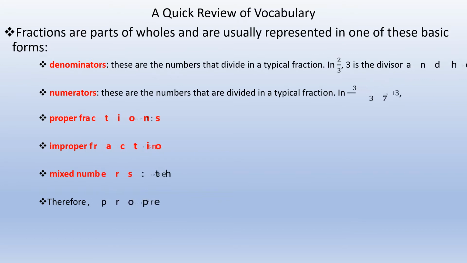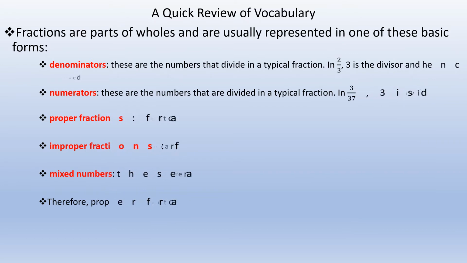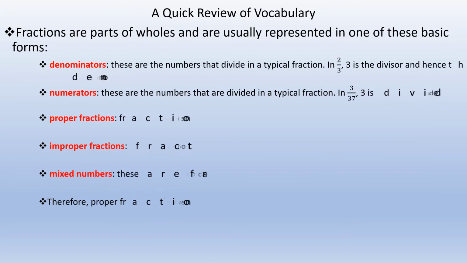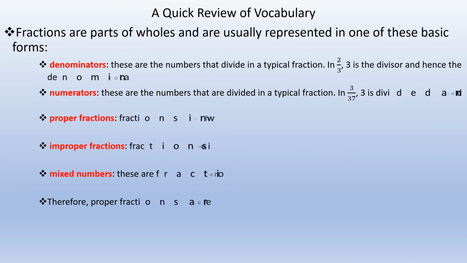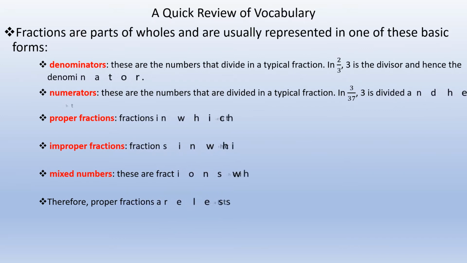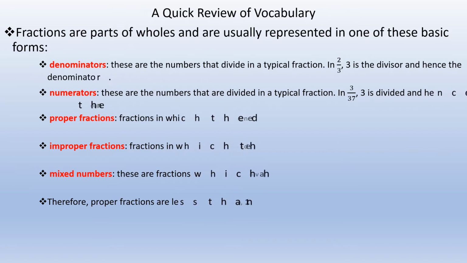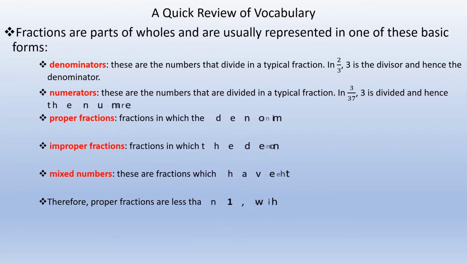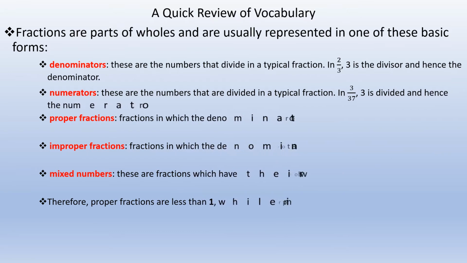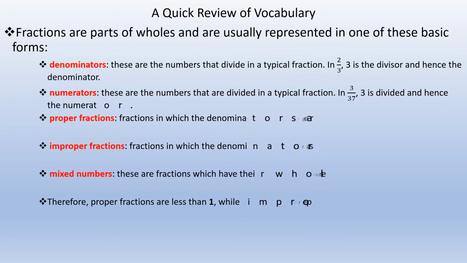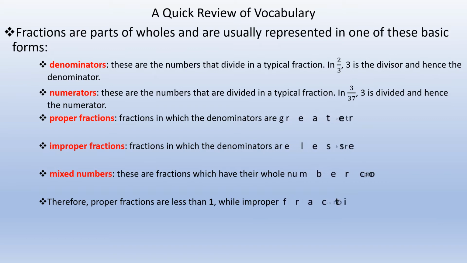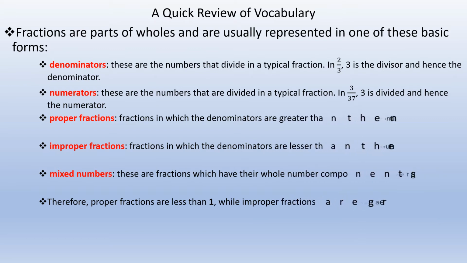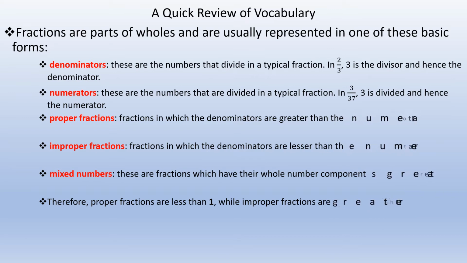Now when we talk of fractions, we have the denominators, we have the numerators, and then the different types of fractions. Denominators are the numbers that divide in a typical fraction. So let's say you're given 2 over 3. 3 is the denominator, 3 is the one dividing, 3 is the divisor. 2 is being divided by 3 and hence is referred to as the numerator.